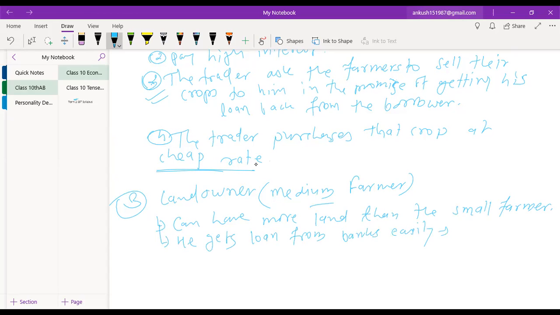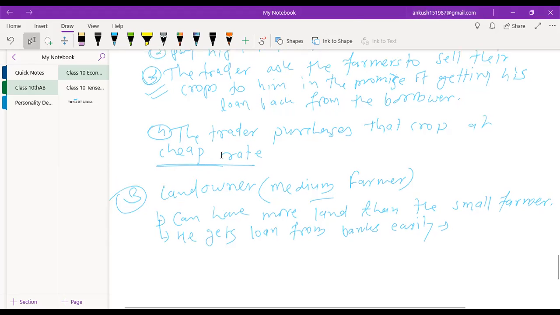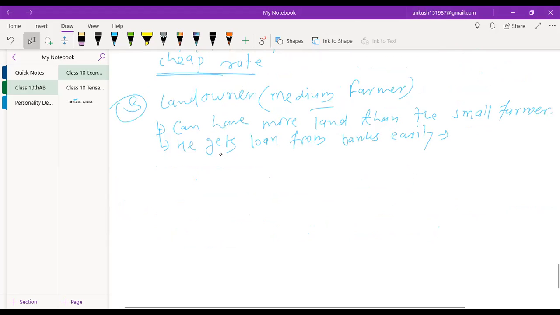Can you tell me why this happens here, that the landowner, in the sense the medium farmer, can get the loan from the bank easily? What could be the conditions there? Sir, he might have the ability to give collateral to the bank. Yeah, very good. Actually, he possesses collateral to submit to the bank.